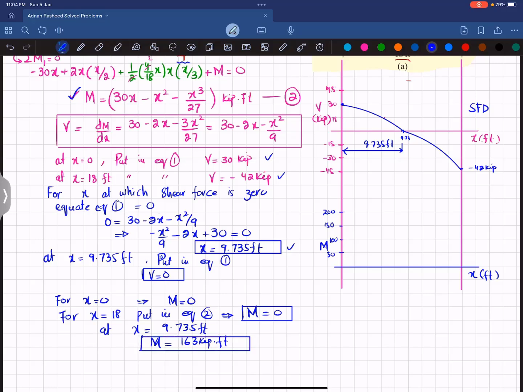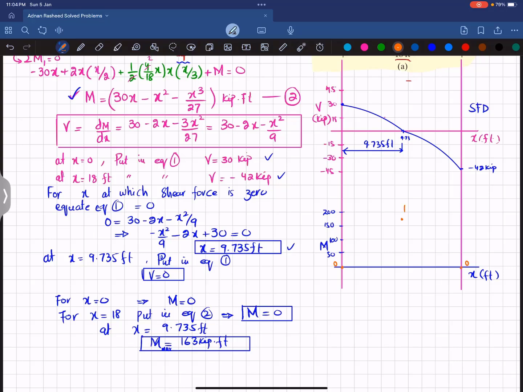Why is this maximum? Because at the region at which shear force is equal to 0, you will get the maximum bending moment. So plotting this point, at x equal to 0 you have moment equal to 0, and at x equal to 18 feet you have moment equal to 0. And for x equal to 9.735, we have moment 163.